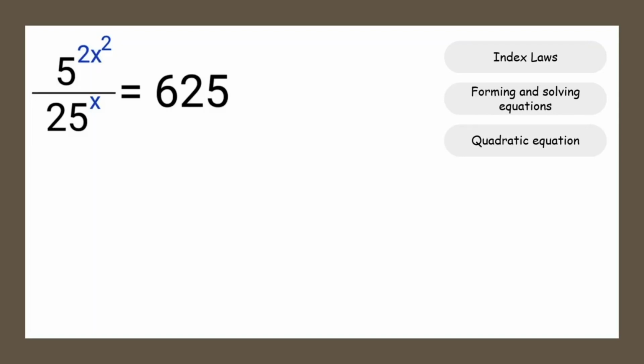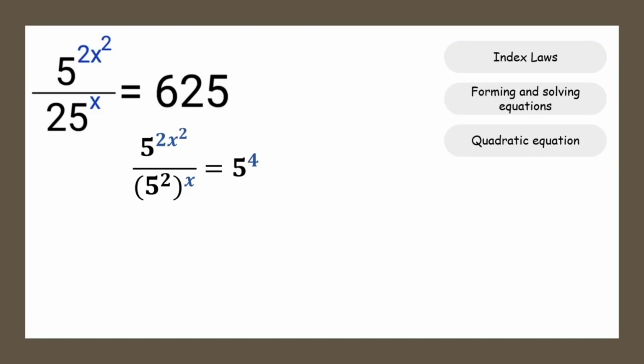And the number 625, I recognize that that is 5 to the power of 4. 5 squared is 25, 5 cubed is 125, and 125 times 5 is indeed 625. So let's rewrite some of these terms. Now that I have everything with a base of 5, I'm more confident that I can manipulate these into something useful.